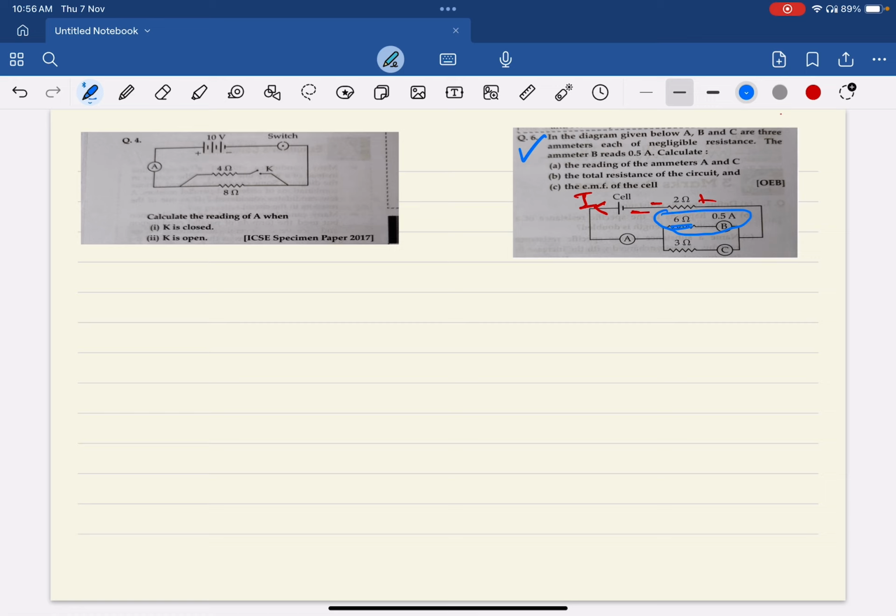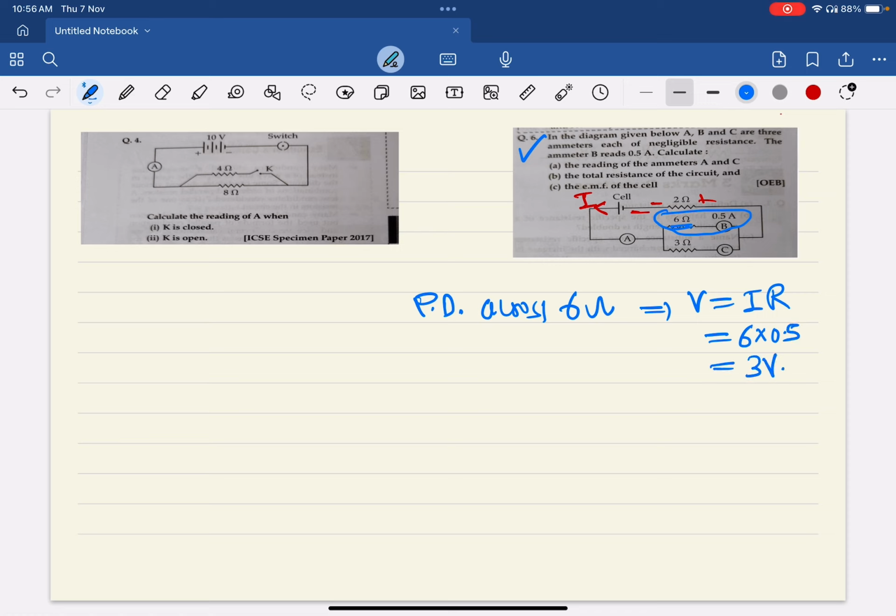The value of R is 6 ohm. The current flowing through this is 0.5 ampere. So potential drop across the 6 ohm resistor is V equals IR, again Ohm's law, so that should be equal to 6 times 0.5 ampere. So it is 3 volt.